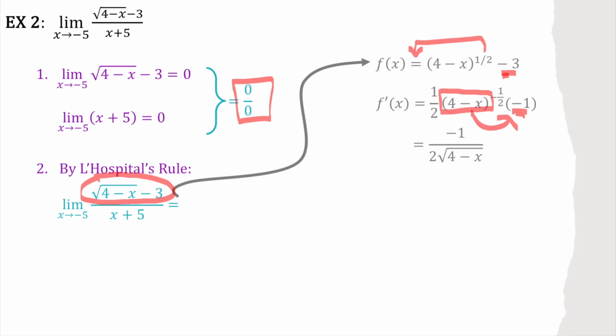And then you can rewrite it if you want to. That's the derivative of the top. The derivative of the bottom is just 1. So really, when we do a rewrite of this, it's the limit as x approaches -5 of f prime of x, and that's fine to leave it like that. And then we can plug in -5, and we're done: -1/6.